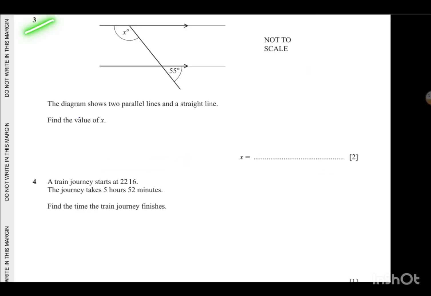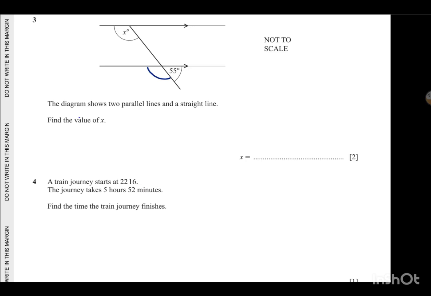Question number 3. The diagram shows two parallel lines and a straight line. Find the value of x. These two are parallel lines, and this is the line which is like a transversal. We need to find the value of x. So let us find out this value, because this will be the corresponding angle for the angle x.